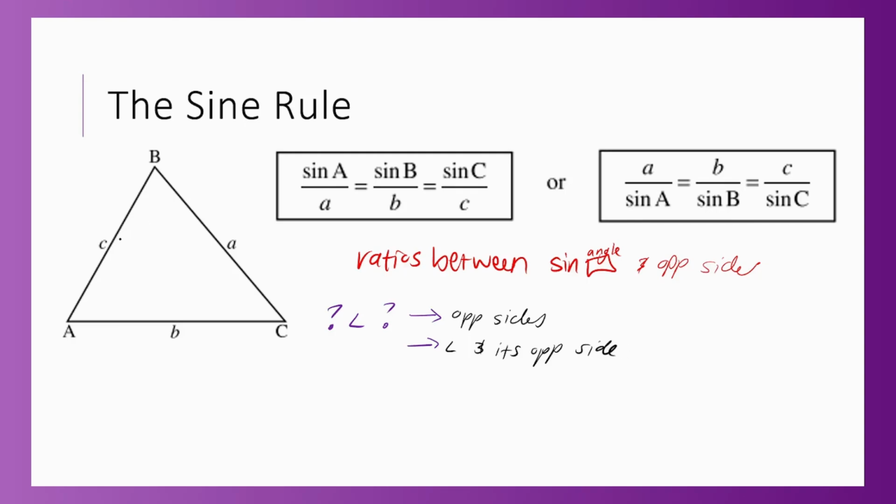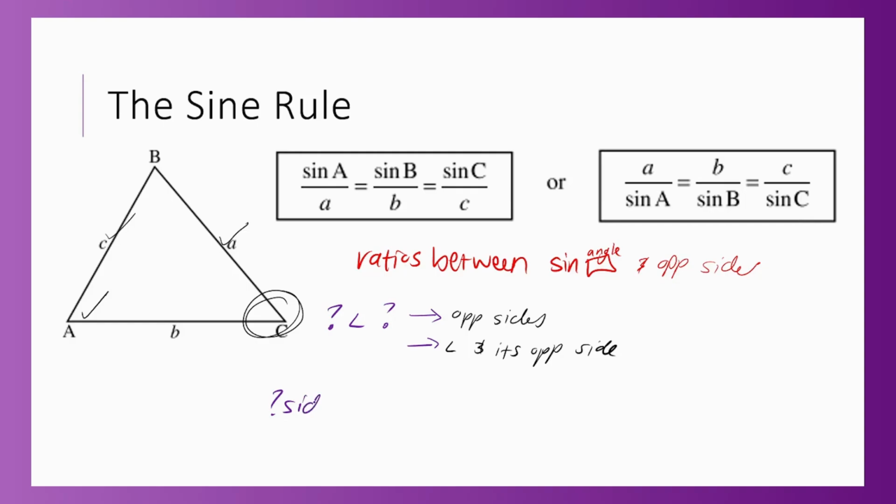For example, if you are looking for angle C, you need to have side C's length, and then you need to have a pair: either the angle and the side here, or the angle and the side there. So you need 3 bits of information so that you can substitute it in there. This is if you're looking for an angle.